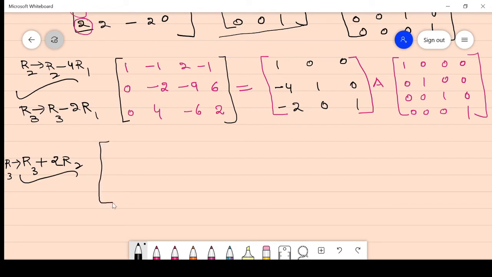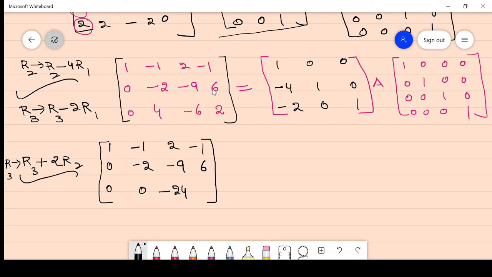So first we apply this. First is 1 minus 1 2 minus 1. So 0 minus 2 minus 9 6. So this is 0 0 minus, and if we multiply by this, it is a plus 2. So this will be 0 plus 2 minus 18 and minus 6, so minus 24, remember.